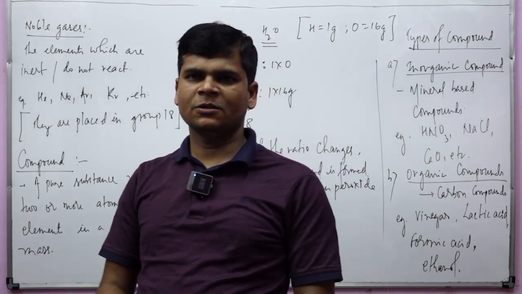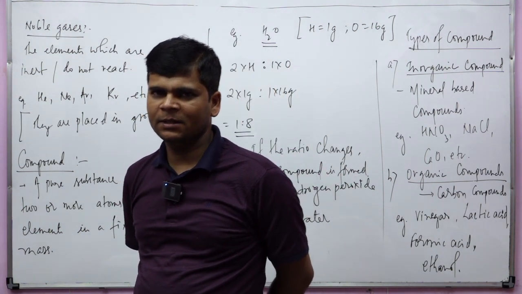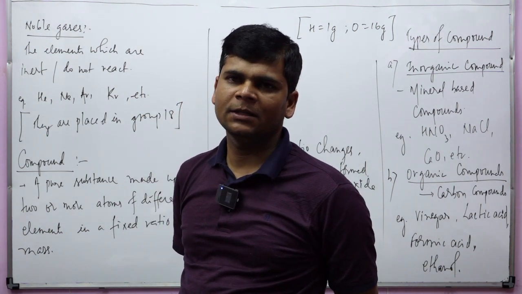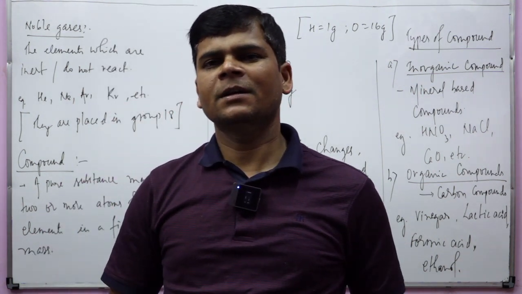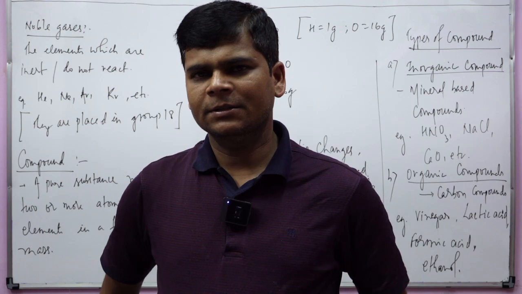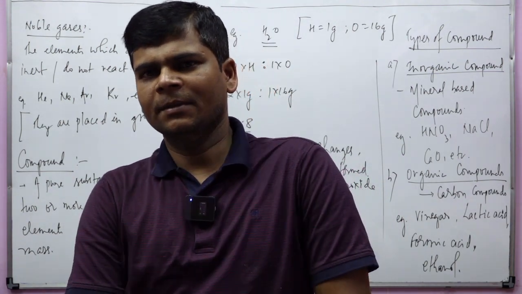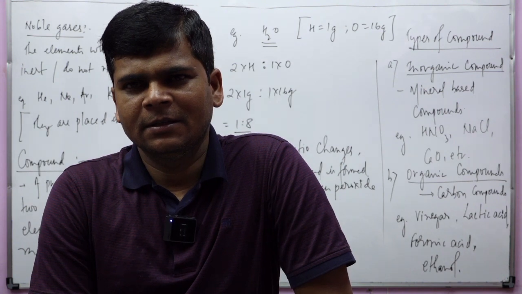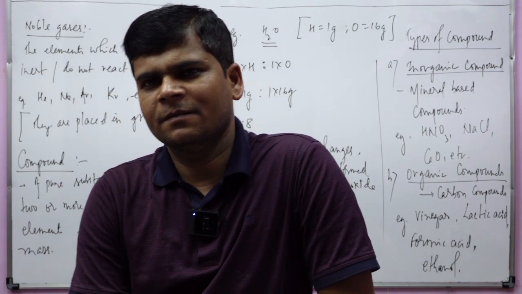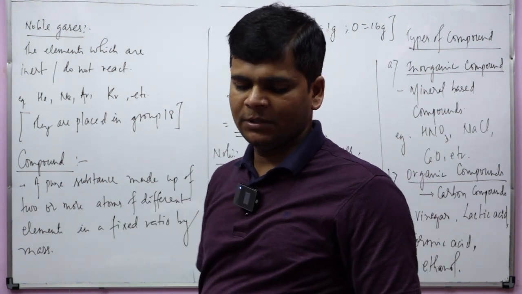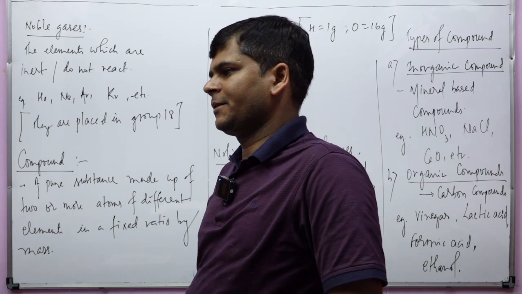Now, based on our classification of matter, we have the last topic left with us, which we will study now, that is about mixture. Mixture is different from a compound because the composition is not fixed by mass, and since the composition is not fixed, the constituents maintain their properties.